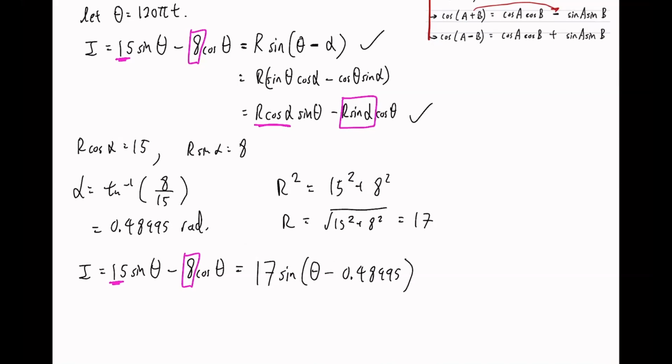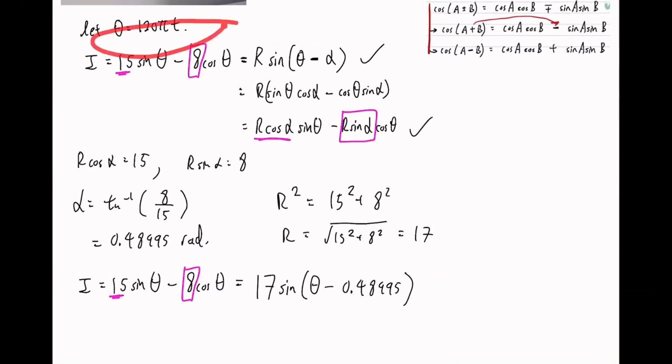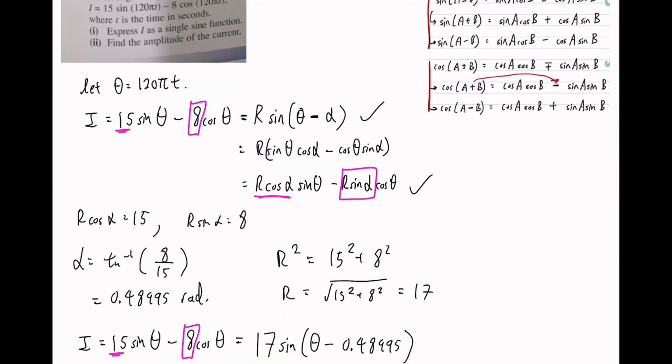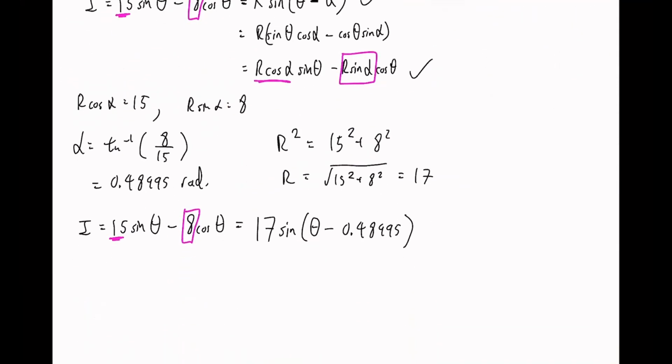0.48995 radians. But remember the original question, did they give us theta? No. What did they give us? 120 pi T. So therefore, we should answer the question by rewriting it in terms of 120 pi T. So let me quickly do that.